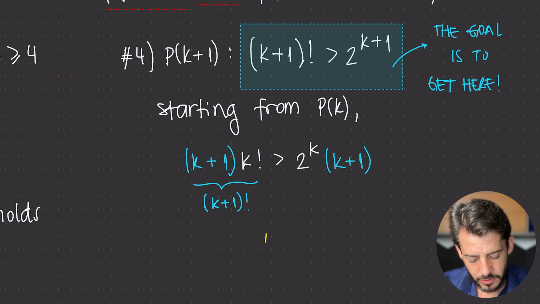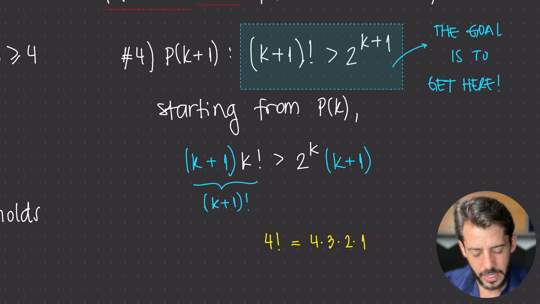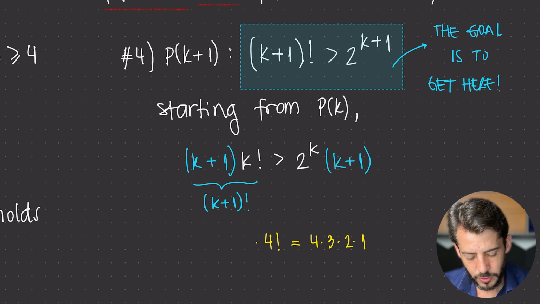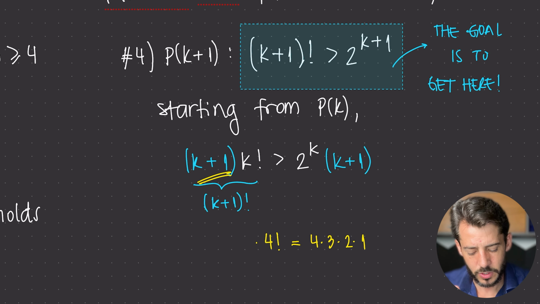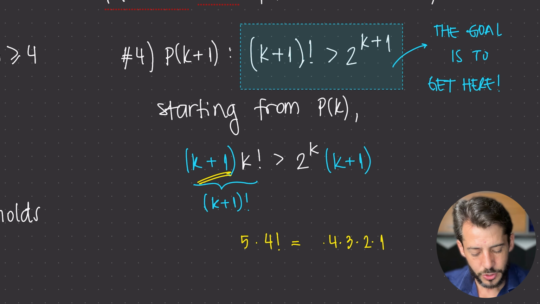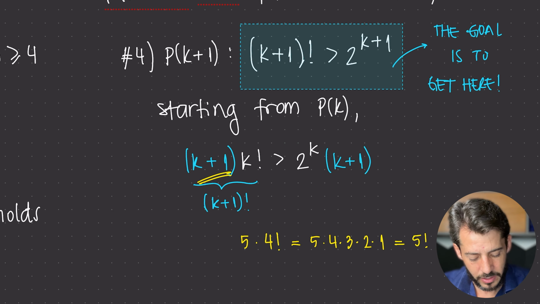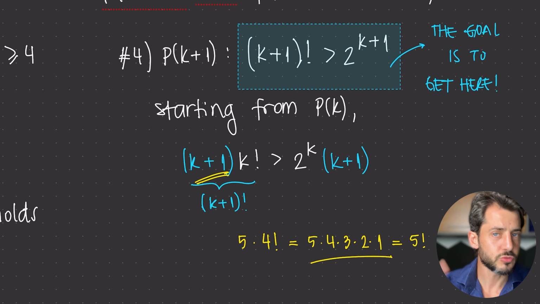So if you take, for example, 4 factorial, which is equal to 4 times 3 times 2 times 1, and you multiply this 4 factorial by the next integer, which can be represented by the k plus 1 over here, then what you're doing is creating 5 factorial. 5 times 4 times 3 times 2 times 1.